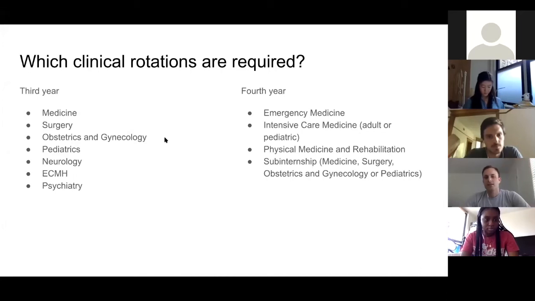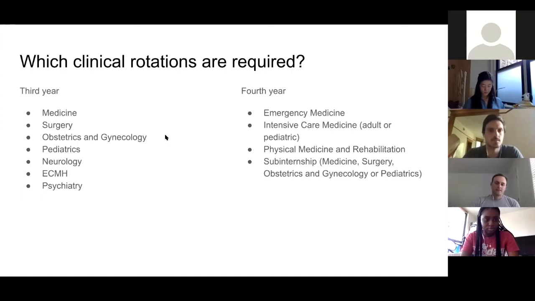The ECMH at Northwestern replaces some of the primary care rotations that would normally be required. And primary care is just the doctors that you're familiar with, where you would go to your doctor for an annual checkup or for a regular exam. And then in the 4th year, there's some more rotations that would require some of the specialized knowledge from some of the 3rd year rotations, or kind of tie everything together.